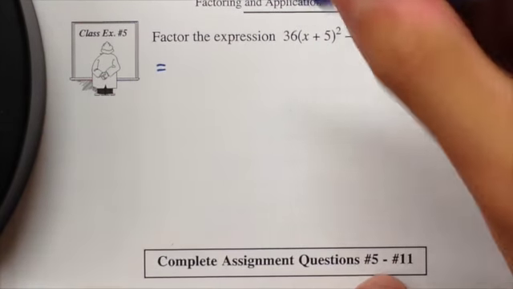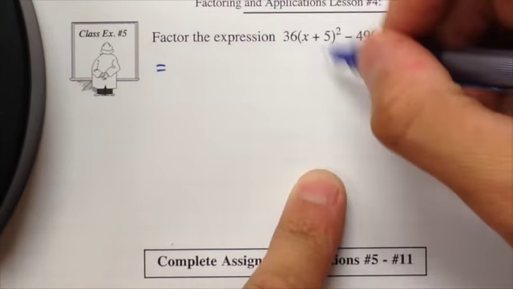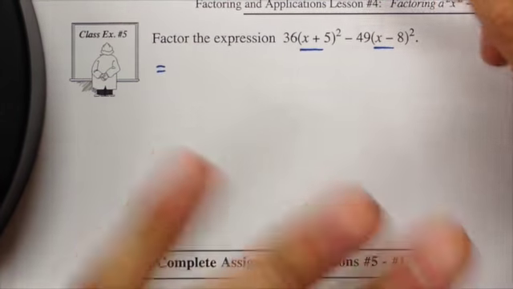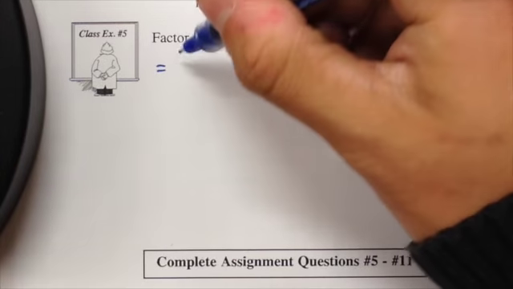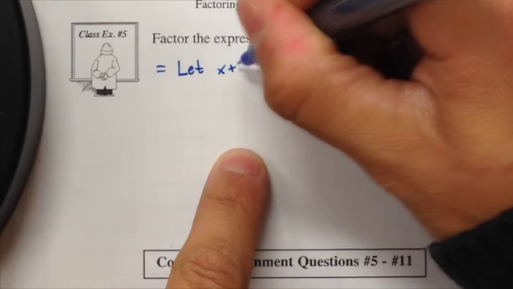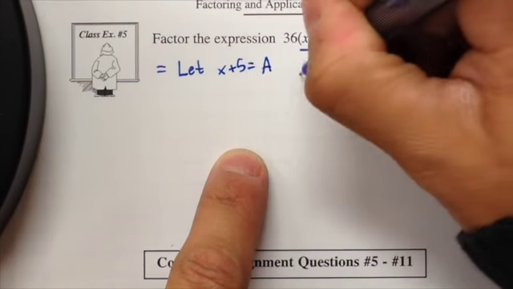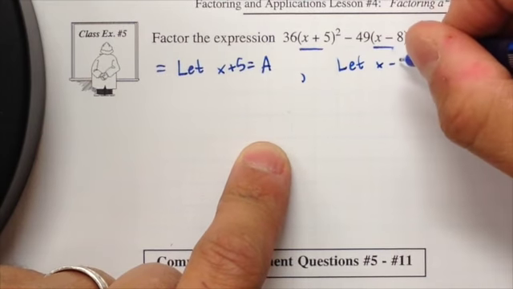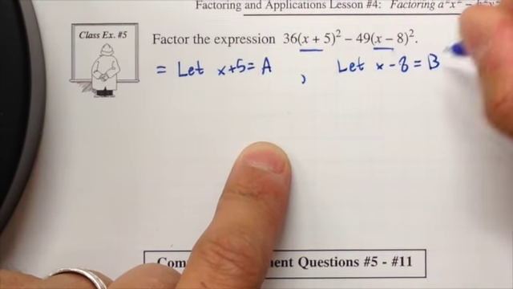Now, it's easiest again if we think of these terms here as just simple coefficients. So I'm going to say that let's let x plus 5 equal a, and I'm going to let x minus 8 equal b.